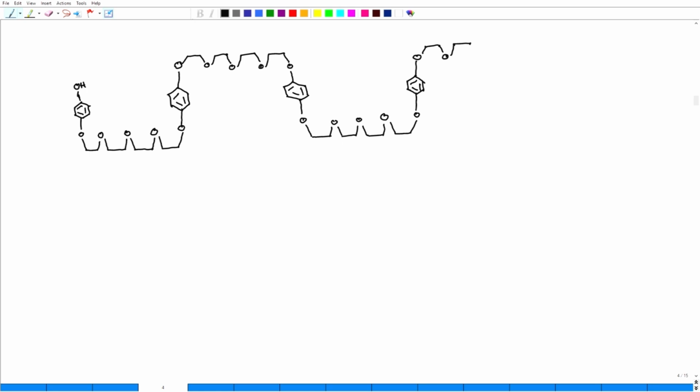These are just supramolecular synthons. 1, 2, 3, 4, 5, OH.